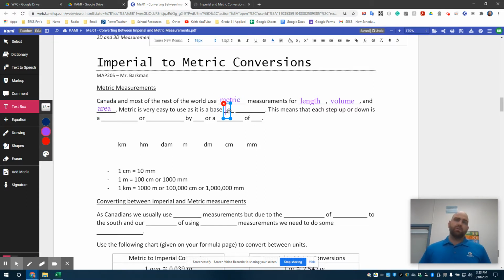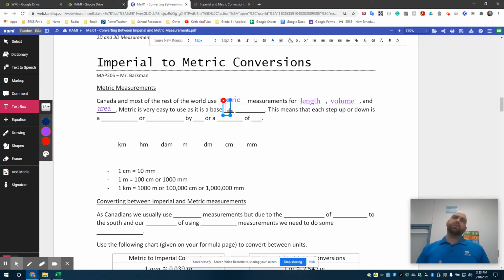The only reason that we use imperial measurements as well is because we're so close to the US, and we have to do a lot of converting back and forth, whether we go down and visit the US or whether we have stuff up here that has imperial measurements on it. We still use a lot of imperial measurements throughout the course of our day, so it's good to be able to convert back and forth between them.